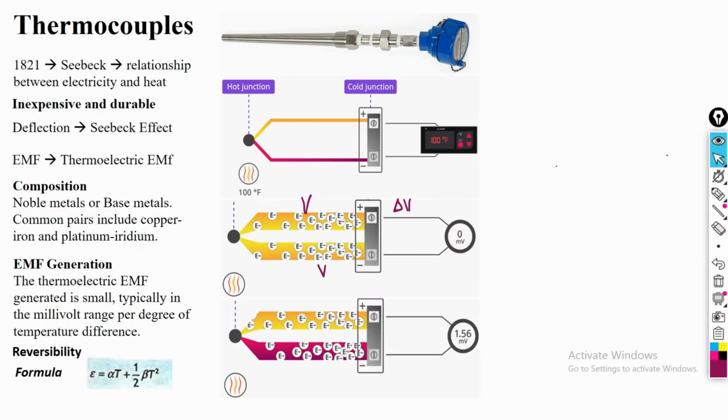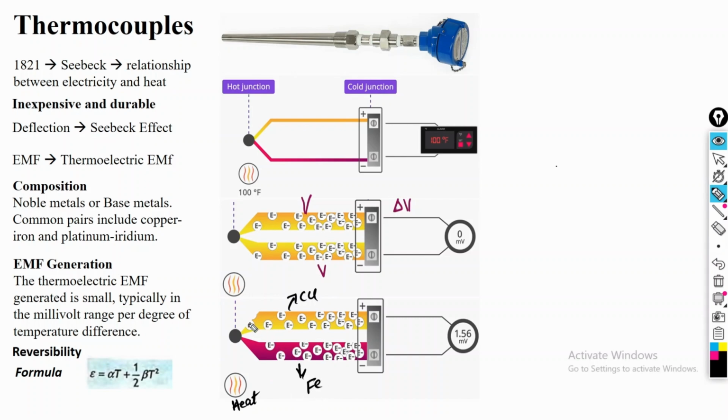Now in this case these are different wires. Let's say this is the copper one and this is the iron. If we provide the external source of heat to this, the electrons will start motion from this side toward this side, and here the resistivity of the copper is different from the resistivity of the iron.